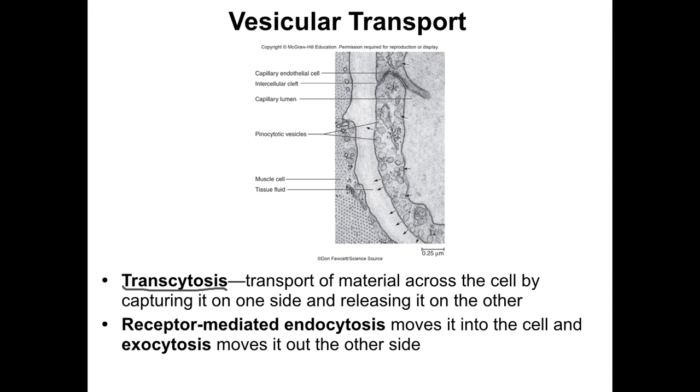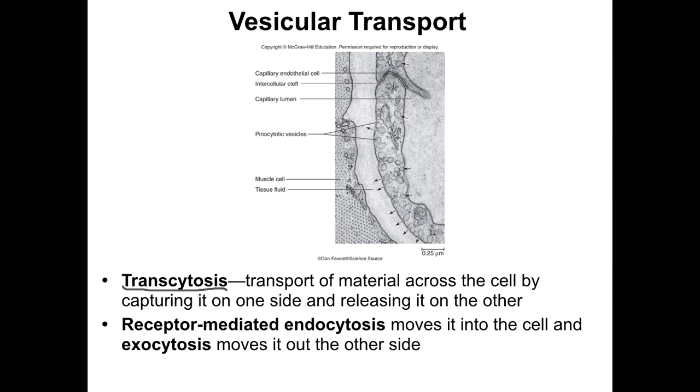All right, so that is the way things move in and out of cells. To rehash, the take-home message: you need to know the 3 types of carrier proteins: symporters, antiporters, and uniporters, and what the difference is between each of those. You need to know the differences between passive transport or facilitated diffusion, primary active transport, and secondary active transport.